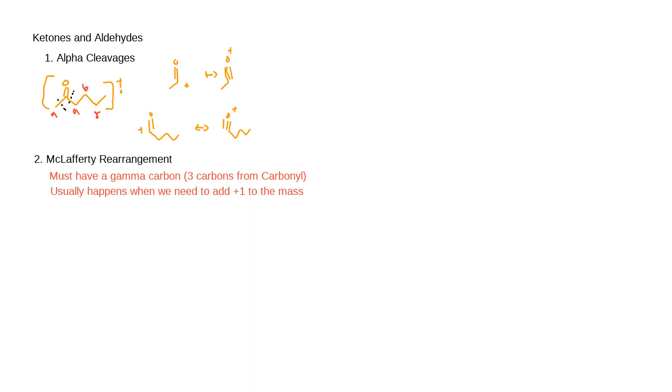So we're going to use the same example, or almost the same example. Sorry, let me redraw that. Let me draw a little bit bigger. So we have this structure.